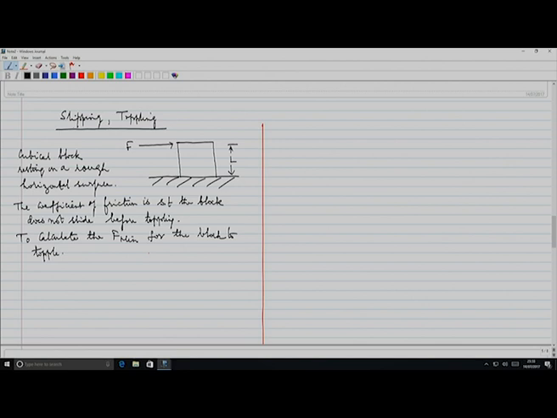Okay, it's a fairly simple problem, but we need to realize. Now let us mark the various forces acting on it. We'll redraw the diagram. Block, force, and this is the center of mass, mg.